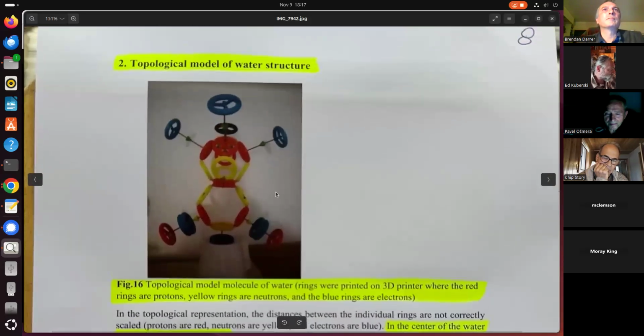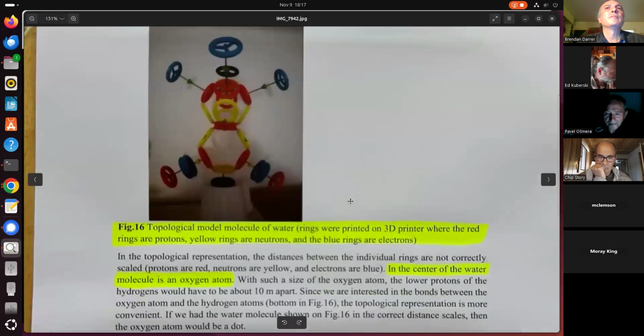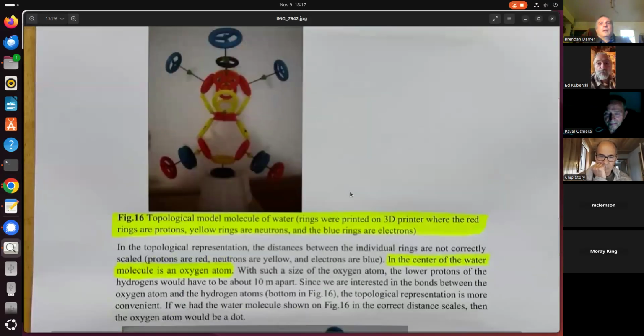Topology model of water structure. Now, this is really important because we are water essentially, and water is most everything in the universe. So this model is very important. Topology model, molecule of water. Rings were painted or printed on a 3D printer where the red rings are protons, the yellow are neutrons, and the blue are electrons.